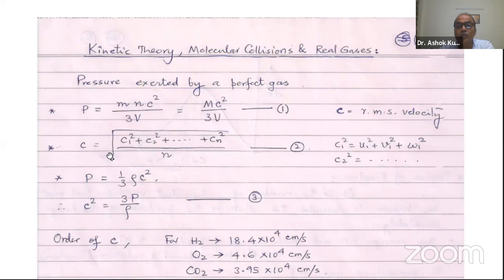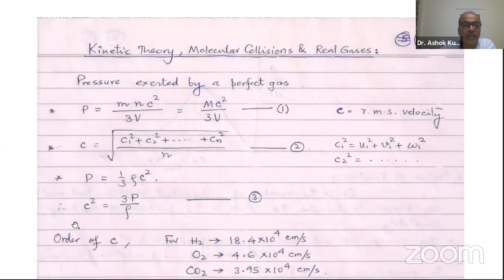It is the root of the mean of squares of velocities of the molecules. That is why its name is C RMS, or root mean square velocity.